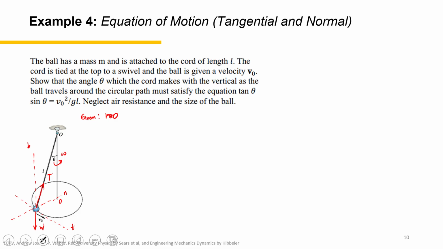So in this case, it is not the weight that has to be resolved, but the tension. Okay, because we have the right axis that we are going to use, which is the NT or the path coordinates. It just happens that in this kind of problem, the tension is the force that we need to resolve.